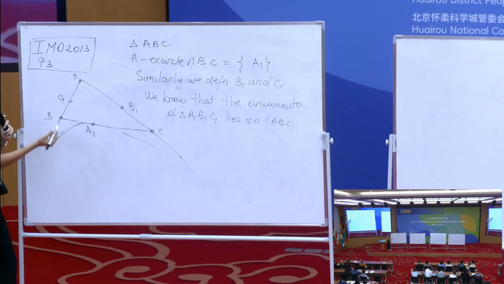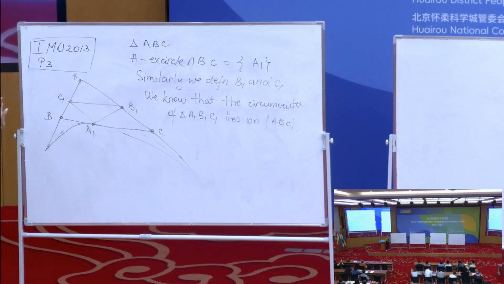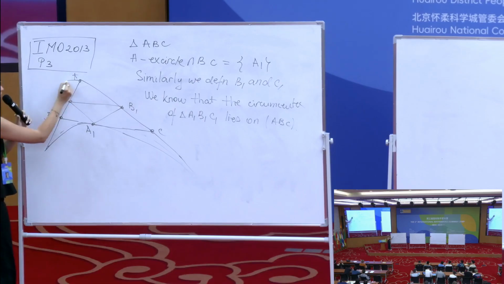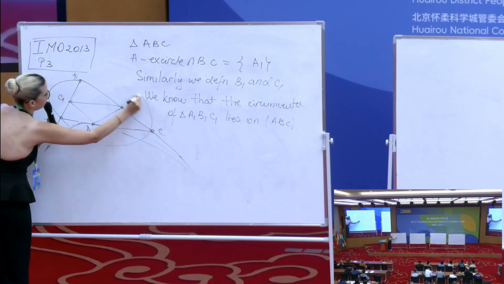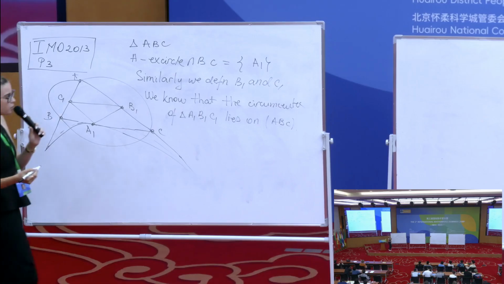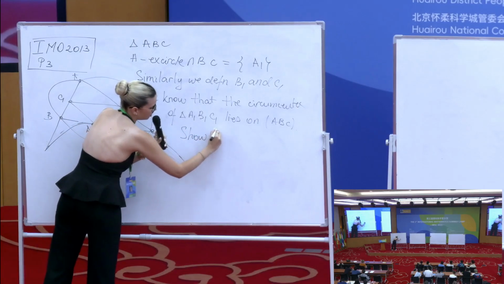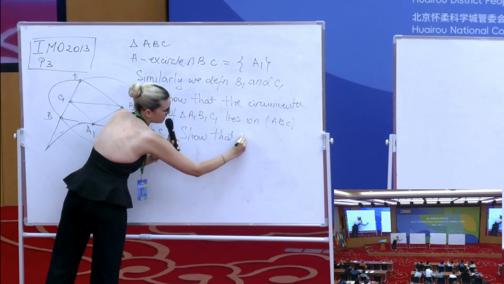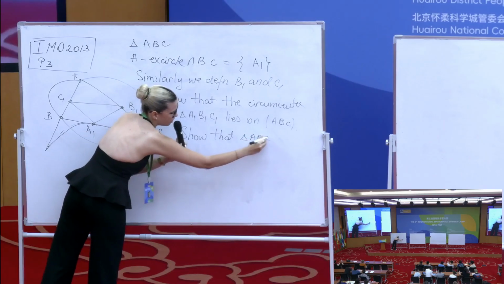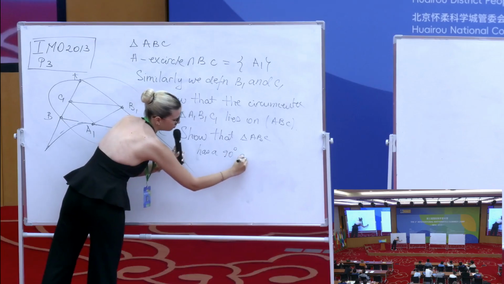So basically, when you look at these three contact points of the excircles, the circumcenter is going to be on the circumcircle of ABC. And what the problem wants us to prove is that the triangle ABC has a right angle, a 90-degree angle.